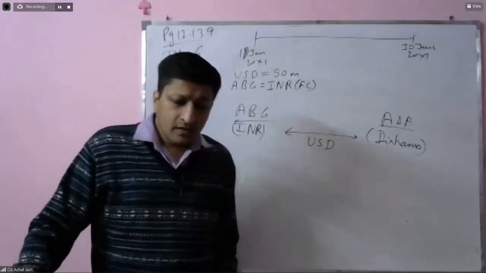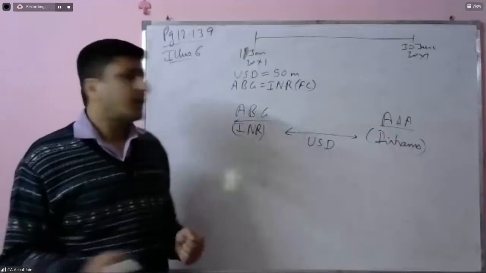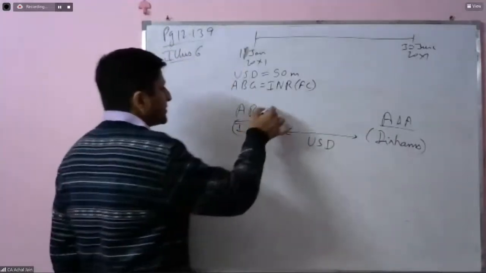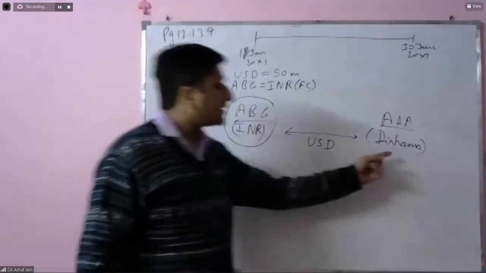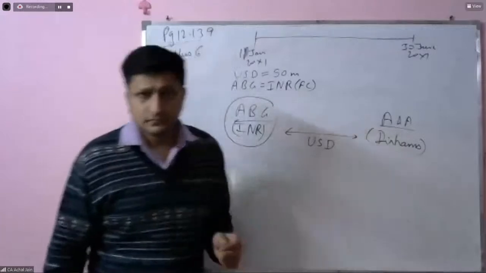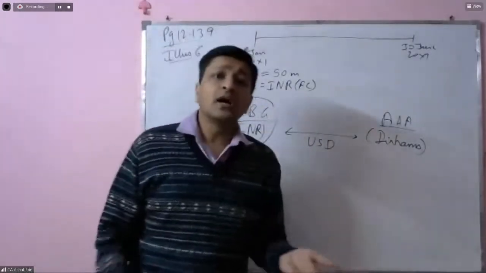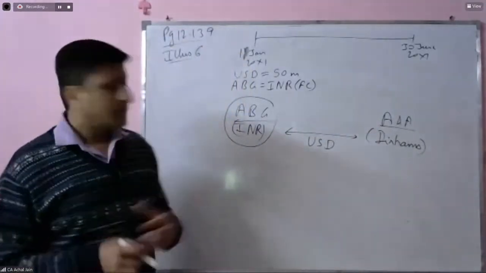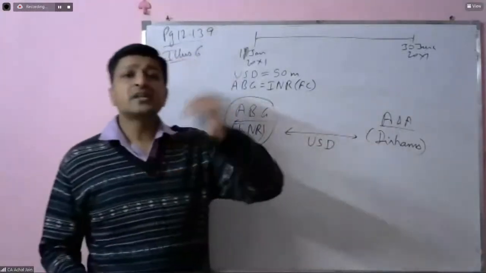And the next question could be, how is that hedging possible? Let's suppose we think about ABG. ABG should have entered into this contract in dirham. But let's suppose ABG is worried about the exchange rate of dirham. ABG is expecting that dirham may fluctuate significantly.